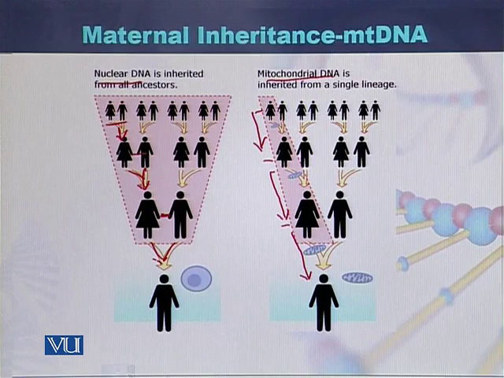So there is a difference between the transfer of nuclear DNA, which is present within the nucleus, where all the ancestors transfer their DNA from one generation to another, while mitochondrial DNA is transferred just by the mothers. So we can say that there is a single lineage in the case of mitochondrial DNA.